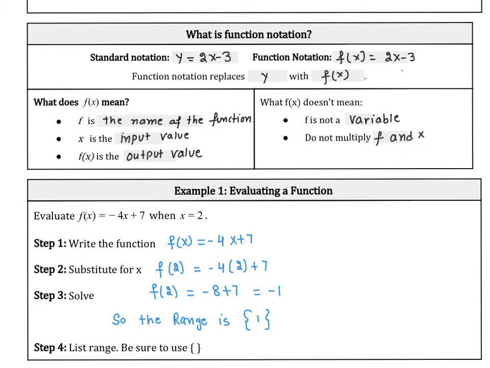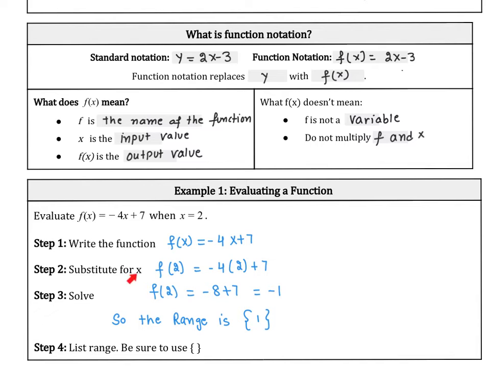Example number 1, evaluating a function. Evaluate the function f(x) = -4x + 7 when x = 2. First write the function f(x) = -4x + 7, then substitute the x value, 2, in the x place.